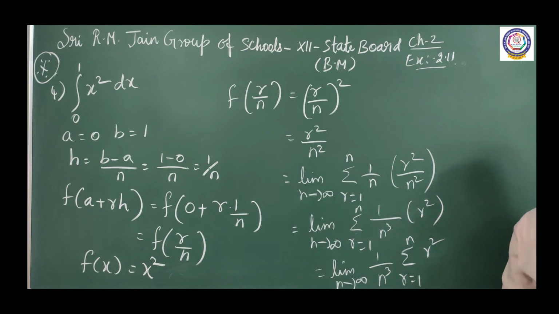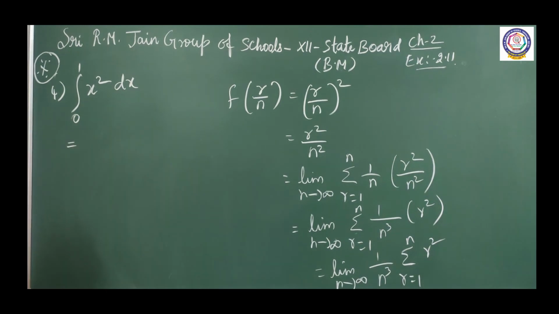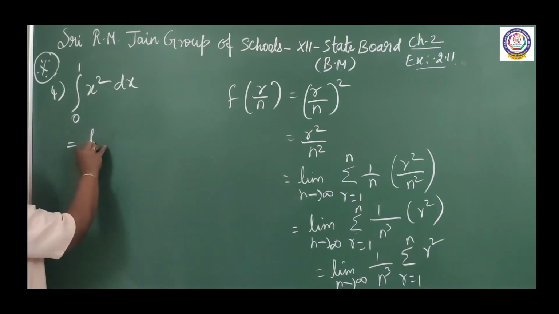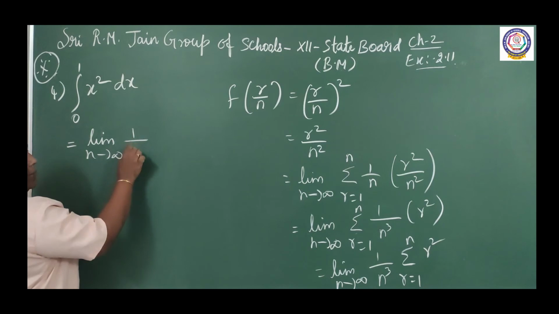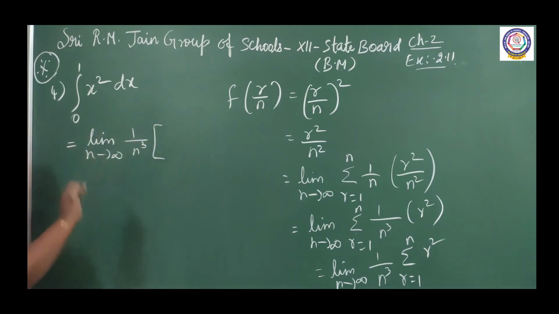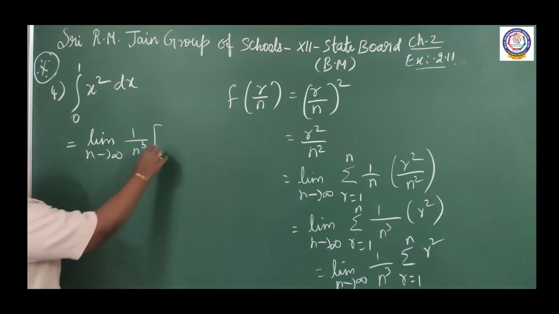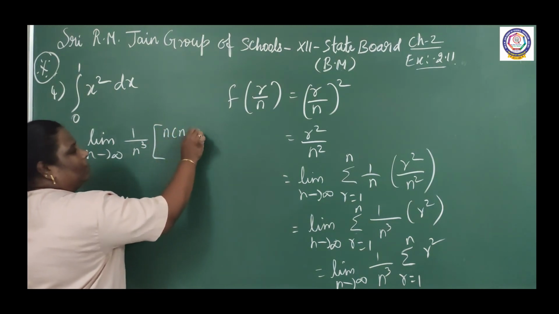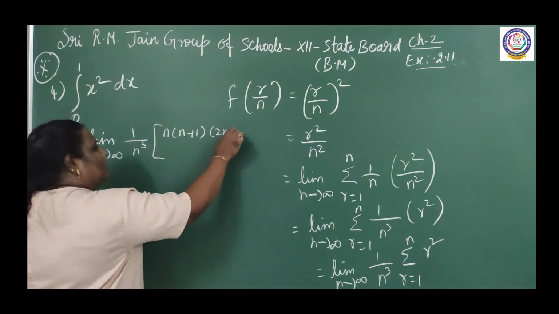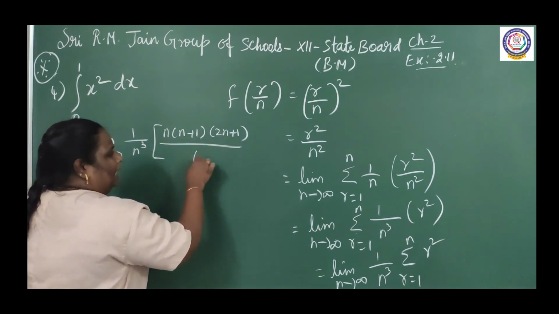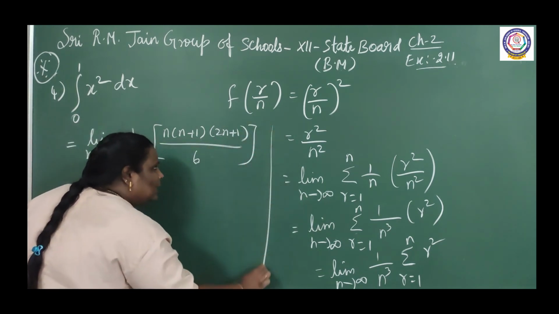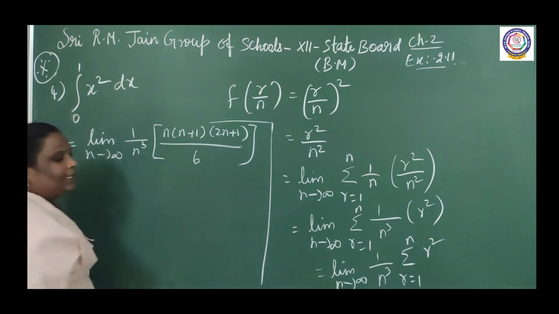So what is the value of sigma r square? What is the formula? n into n plus 1 into 2n plus 1 by 6.